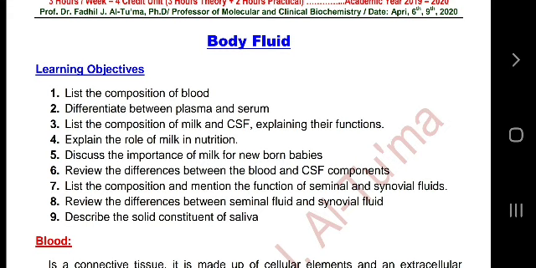الأسبوع الحالي موضوعنا هو بودي فلويد. كما تعلمون جسم الإنسان يحتوي على أنواع متعددة of body fluids.